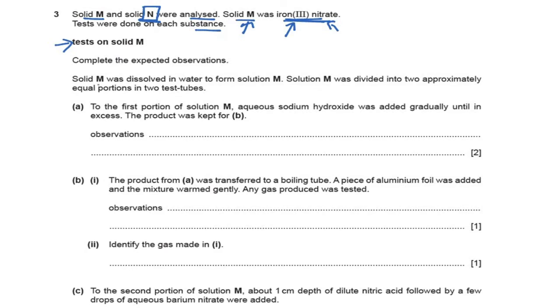So let's start with the first test on solid M, which we know is iron(III) nitrate. It says that solid M was dissolved in water to form solution M. Solution M was divided into two approximately equal portions in two test tubes.